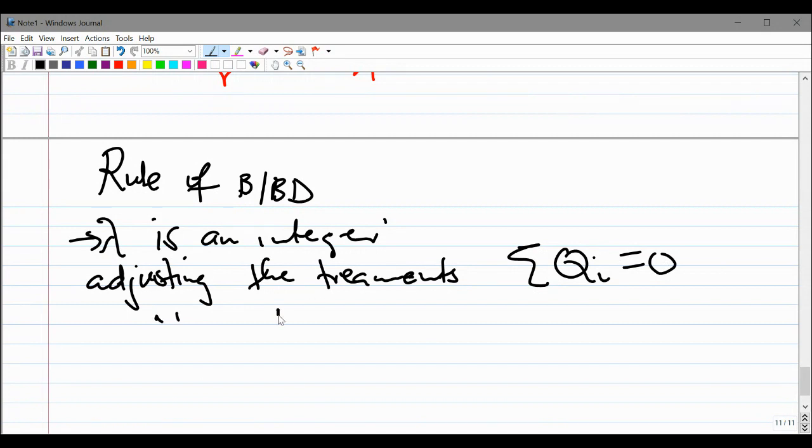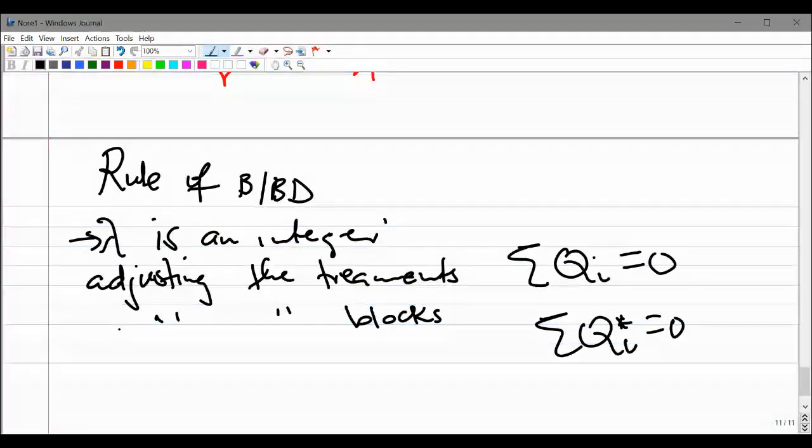And when adjusting the blocks, make sure that the summation of Qi star is also equal to 0. We managed to do this yesterday. The third one, we managed to do that.